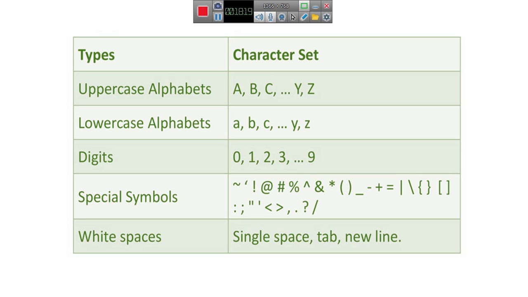It means A to Z big letters and a to z small letters.